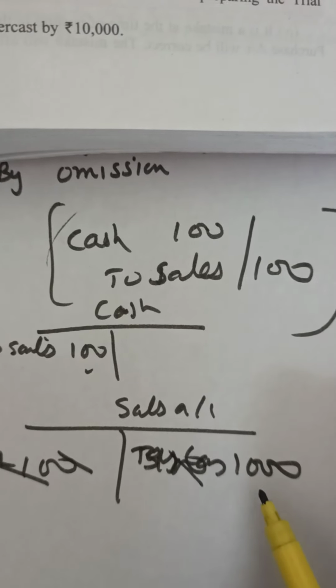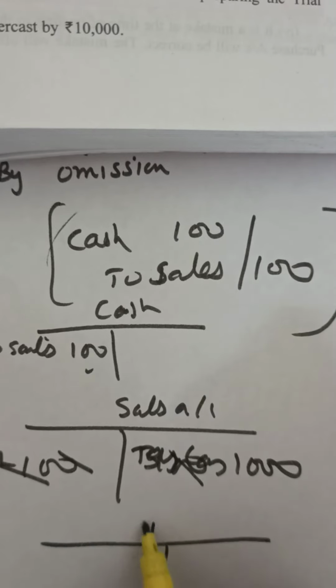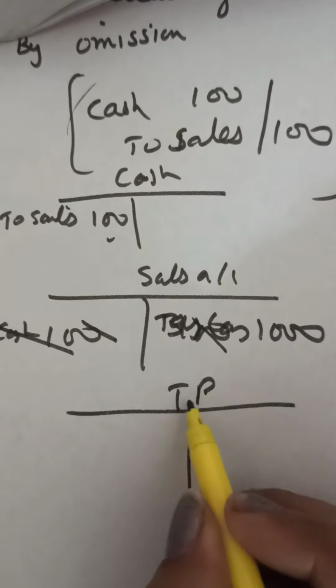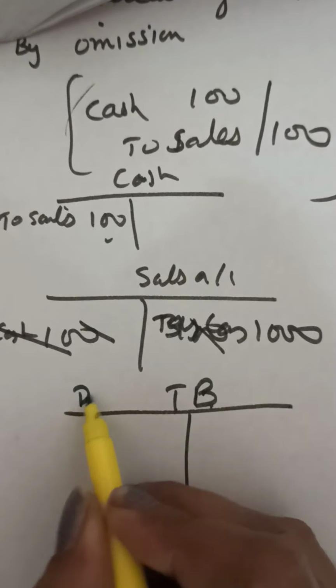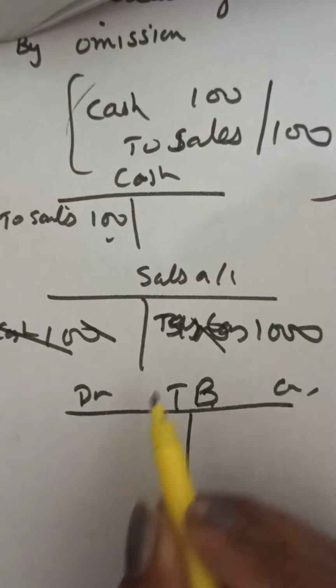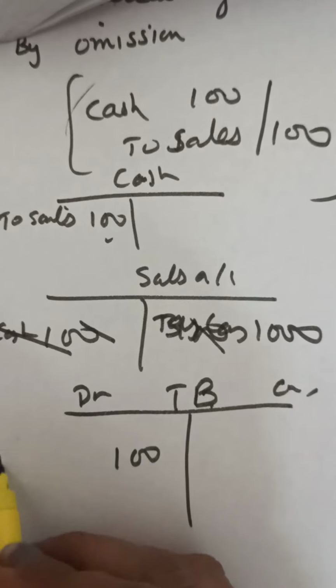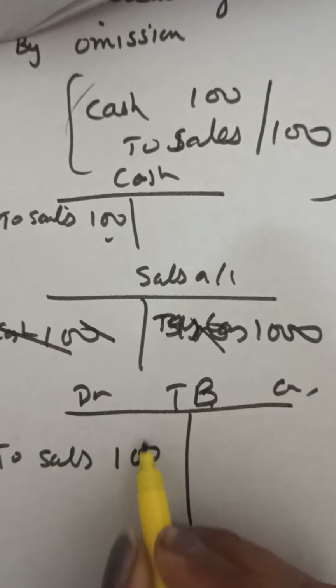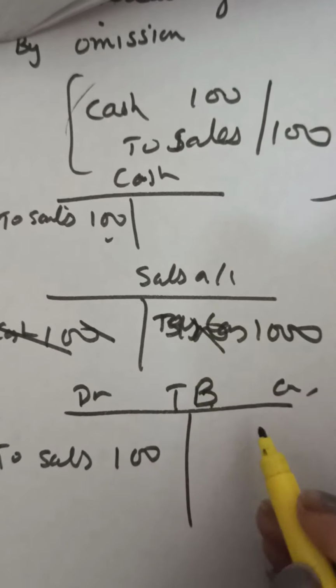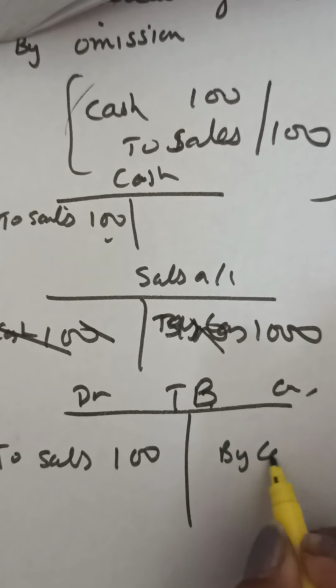The error is committed, but then it will not allow the trial balance to tally. If I make the trial balance, from the debit side I will write to sales and write the amount here. On the credit side, I write by cash and write 1000 here.